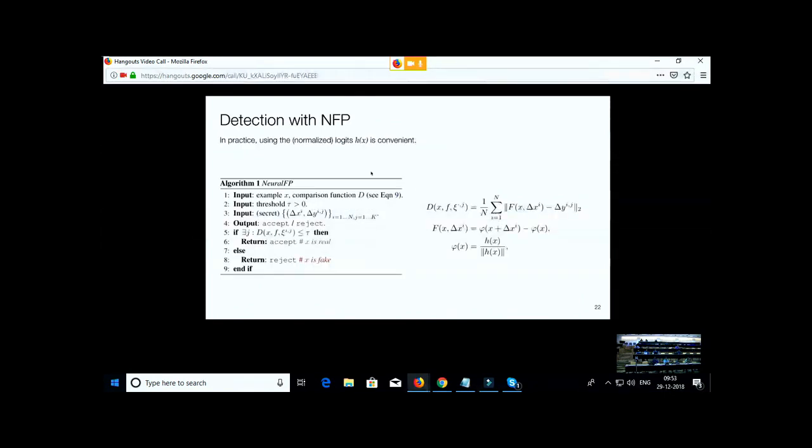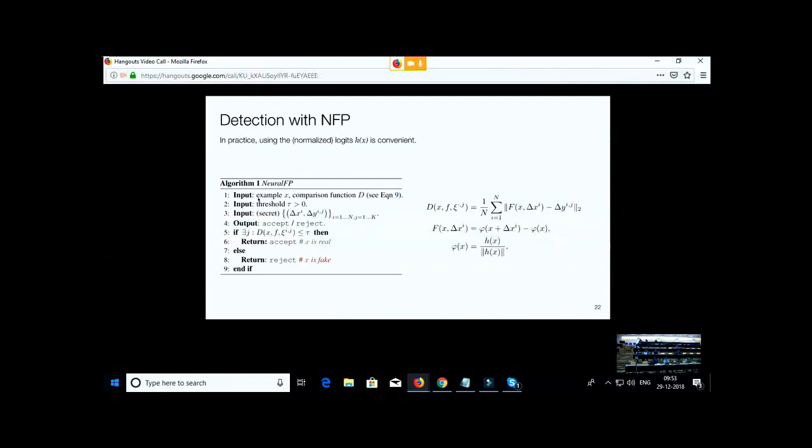And then during detection, here's the algorithm box. We can define this distance measure as before. Let's call it D. It turns out that what we do in practice is that we take the normalized logits. The logits are the output of the layer just before we compute class probabilities. We take normalized logits, look at the difference of these logits on the clean and the perturbed inputs, and then we compute this distance D. In this algorithm box, you see how neural fingerprinting works.